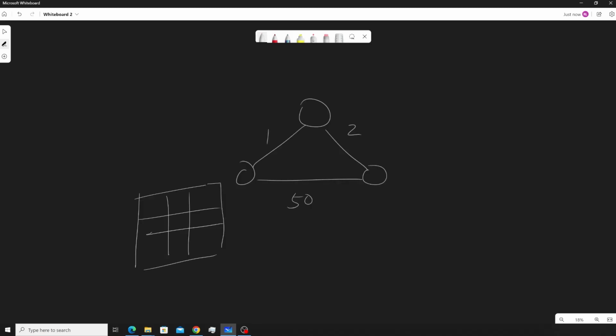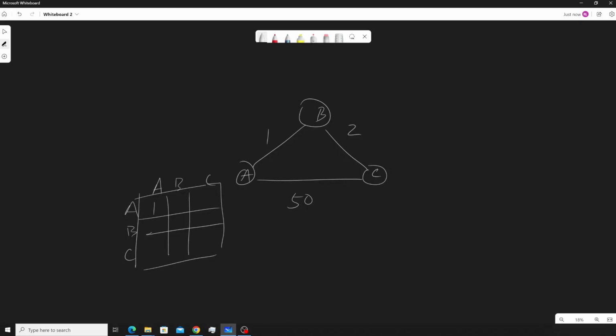So after all the tables have been synchronized, okay, and we have let's say A, B, C. So we have something like, A can get to B with a cost of 1, A to get to C with a cost of 50. So A's vector is 0, 1, 50.